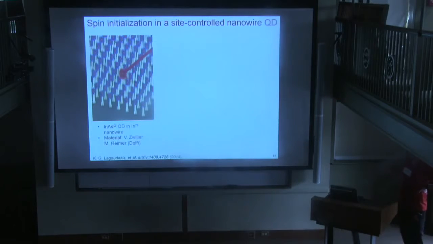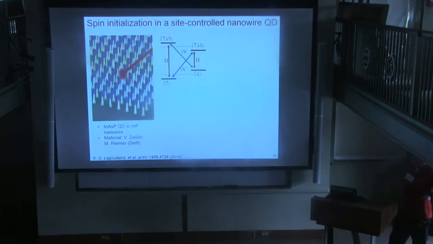So just let me quickly point out another material system that we've been recently looking at, and those are site-controlled nanowire quantum dots. The material is provided from our collaborators, Val Zwiller and Michael Reimer in Delft. And these wires are grown by CVD, and you have a single quantum dot in each of these wires.